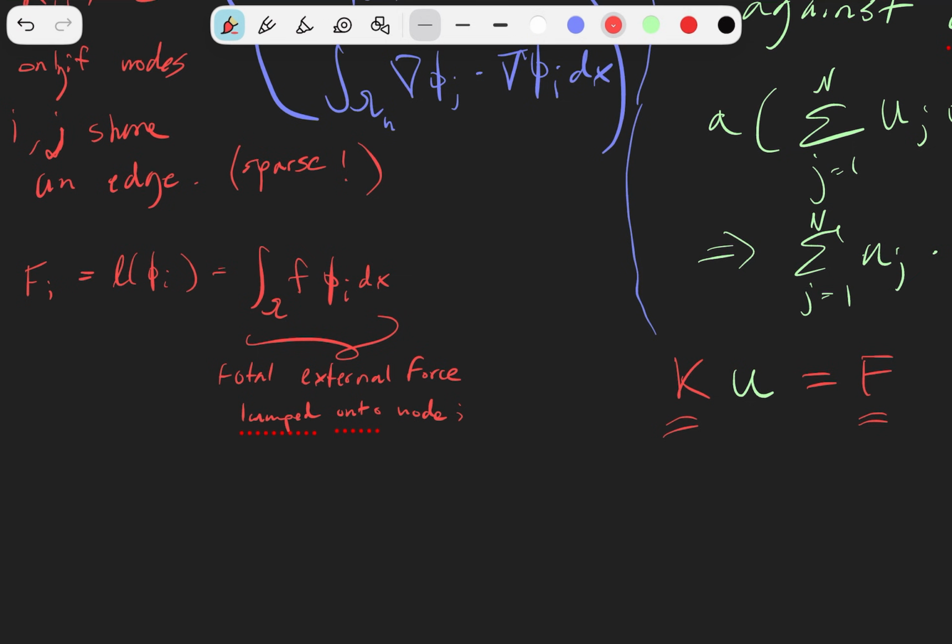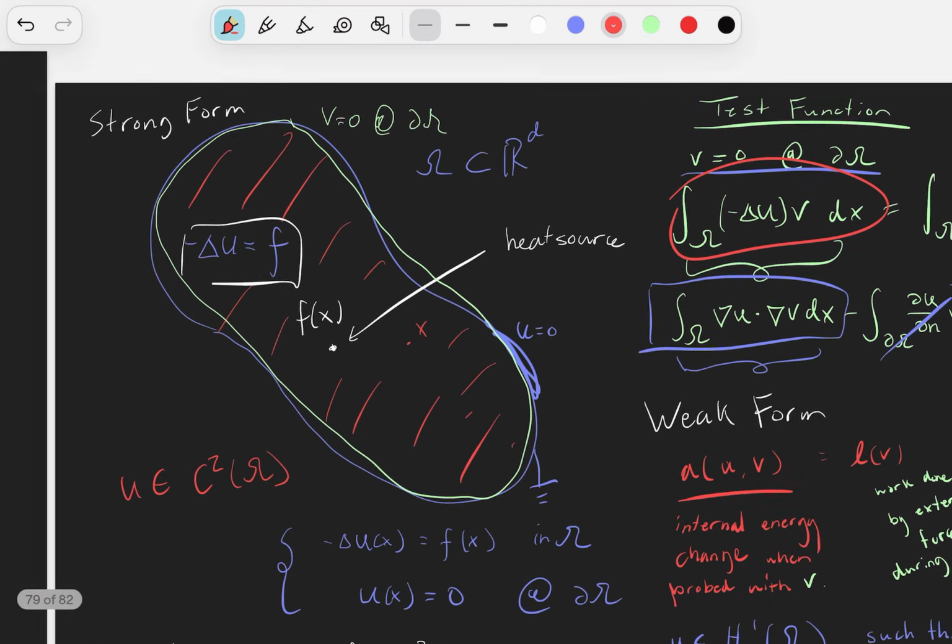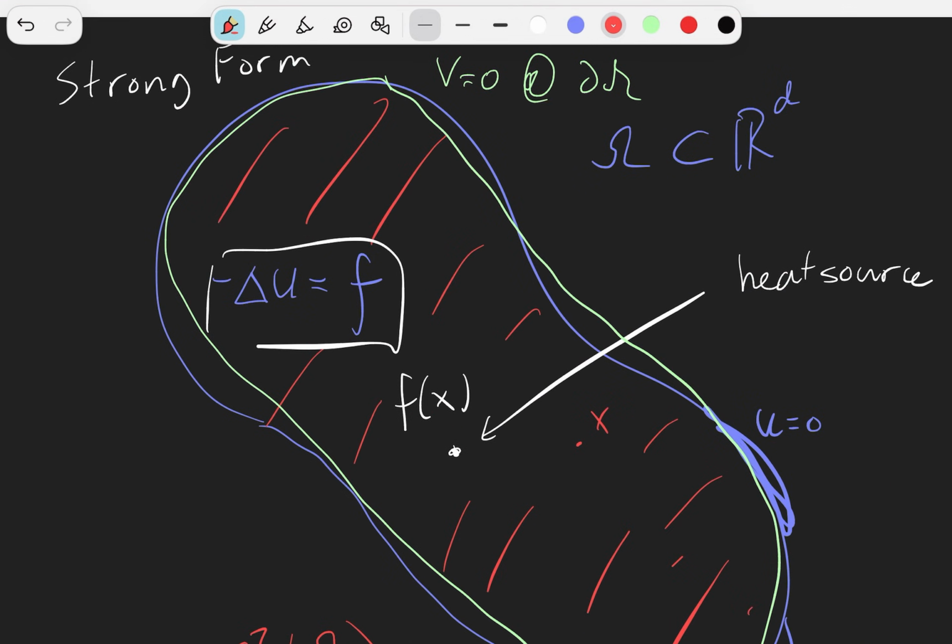All right. And that's pretty much all I have. We, again, started with infinite calculus, this original Laplacian.